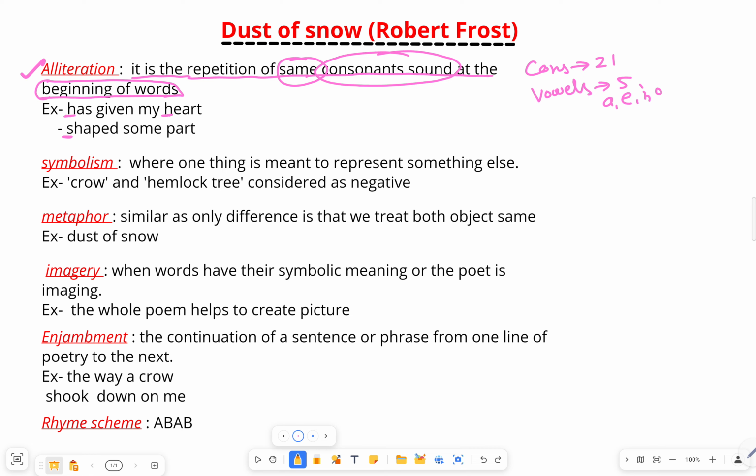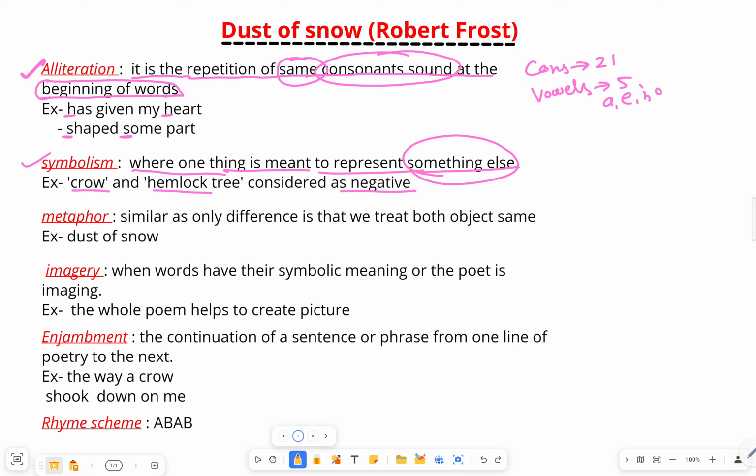The next thing we have to discuss is symbolism. Symbolism is another beautiful literary device used by the poet Robert Frost. Symbolism means where one thing is meant to represent something else. Are you getting the point? Here, the crow and hemlock tree are considered negative.